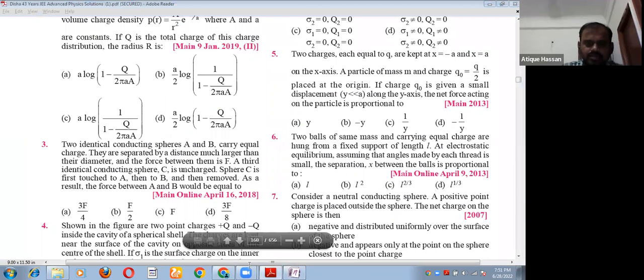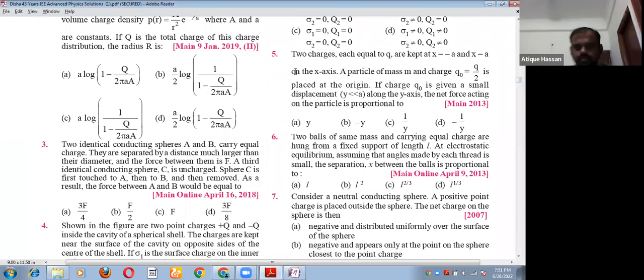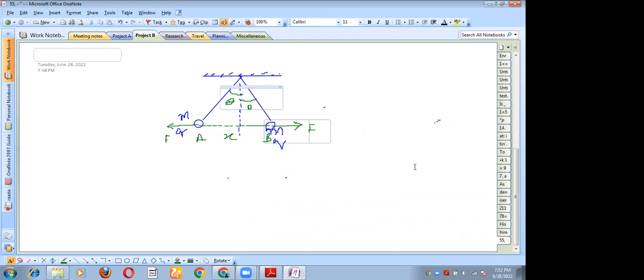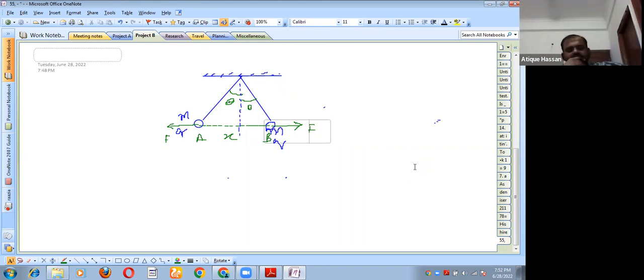Can you give me some clue, Yashika, how to solve this question? How to proceed? Since they are at equilibrium, the forces are equal. Yes, correct.